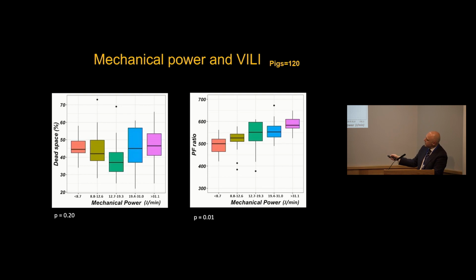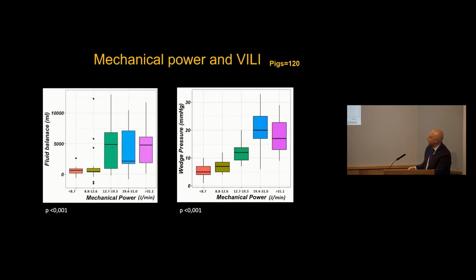If you look at this one here, the PF ratio increases anyway. So the idea is that if you look at blood gases, you're always better off with high mechanical power. But if you look at other things, particularly the fluid balance, obviously patients with high mechanical power and high PEEP might need more resuscitation, and that is a problem.